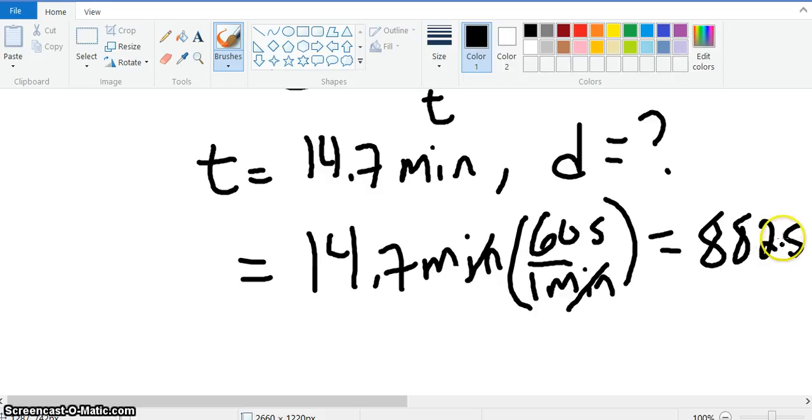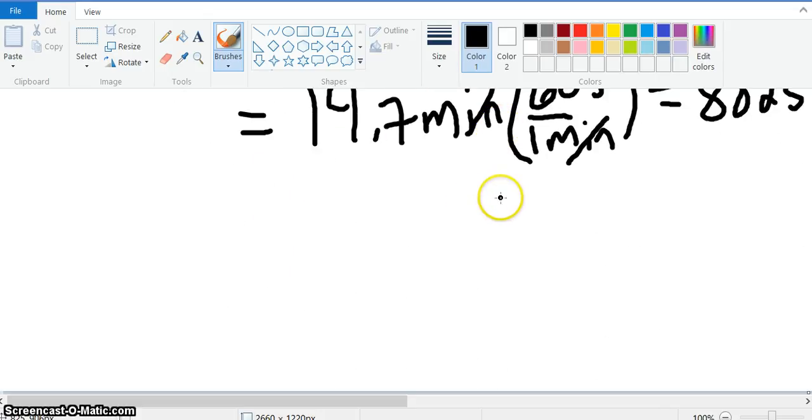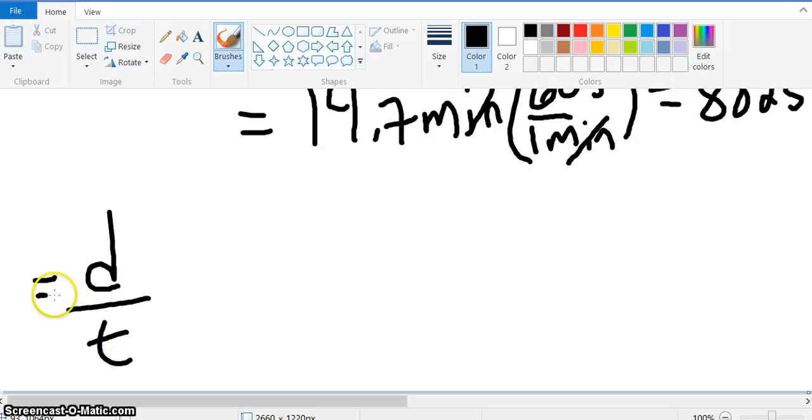All right, and so what distance does the thing travel? Now that we have this time in seconds, we can take this original equation, the speed of light is equal to distance over time, and solve for d. I should do this step by step. D over T is equal to C. Algebraically, I'm going to multiply both sides by T. What I do to one side, I have to do to the other.